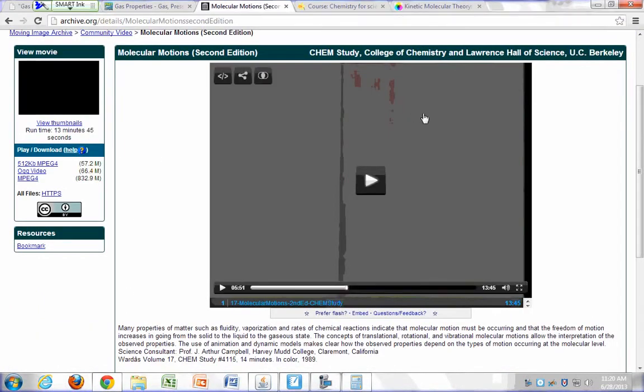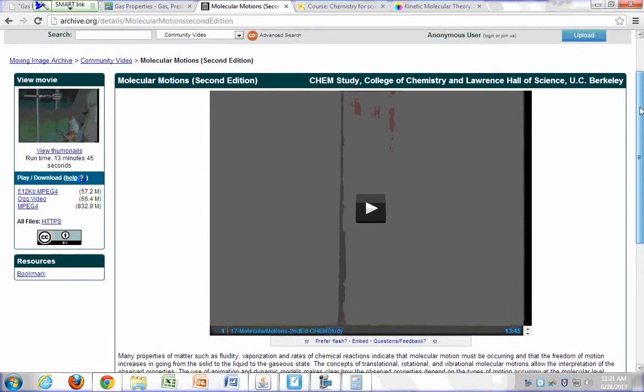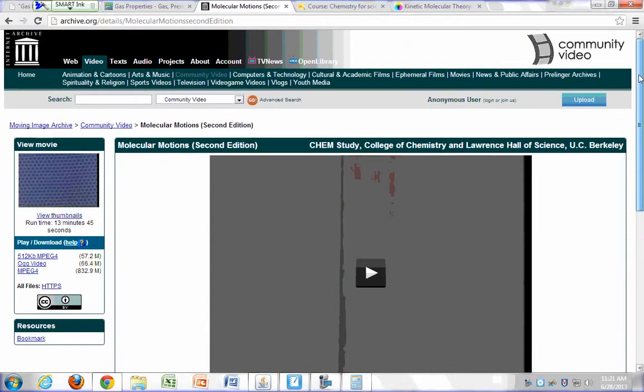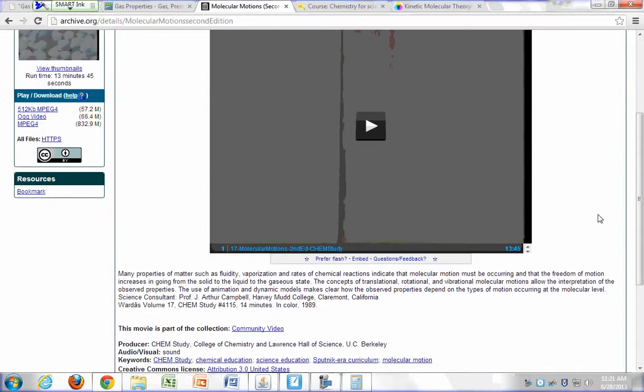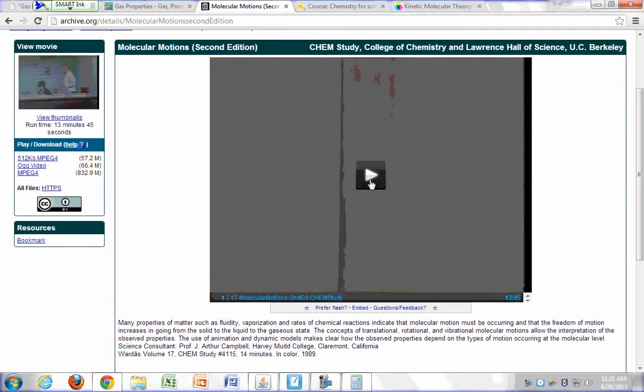If you want to see, let me show you an animation that shows you the additional kinetic energy due to motion of the molecules. This is an old movie that you can find at the Internet Archive, archive.org. Just do a search for Molecular Motion, second edition. When you get to the 5:51 mark, there's an animation that shows you the differences between translational motion, rotational motion, and vibrational motions.